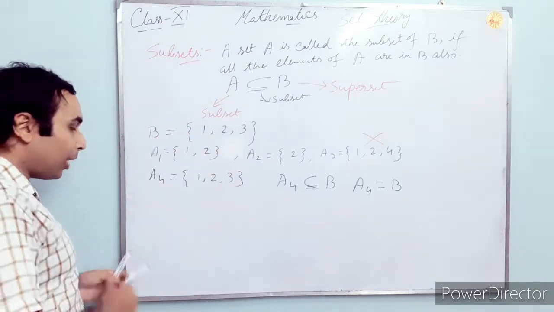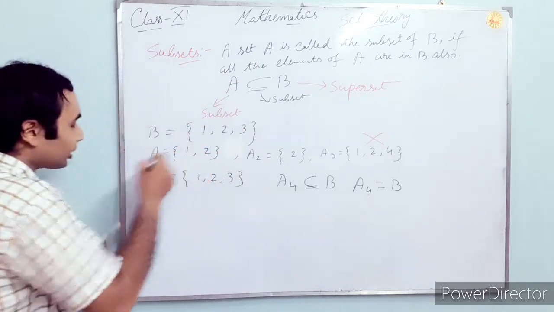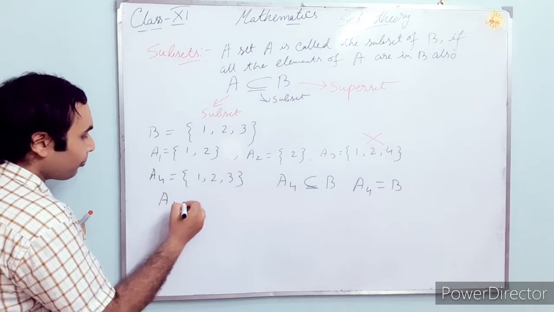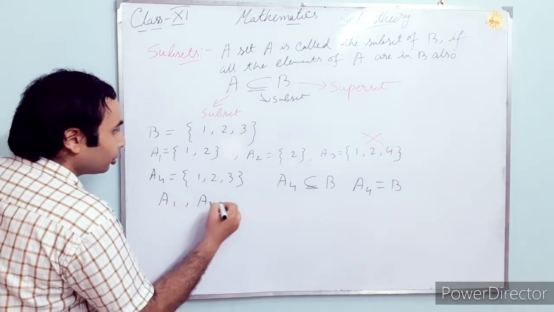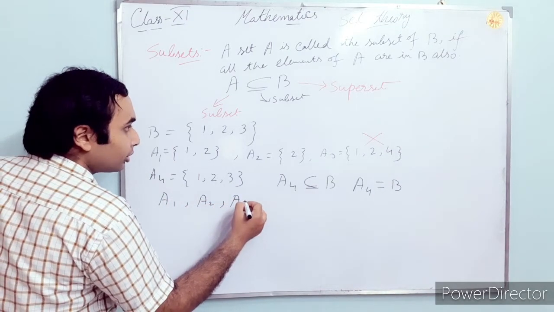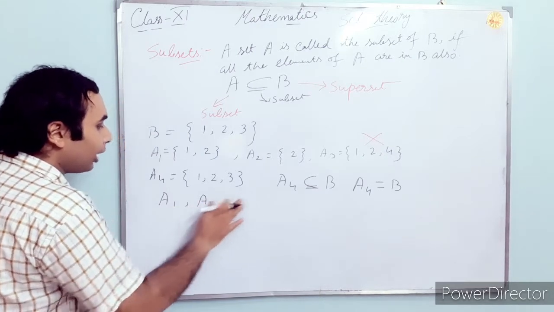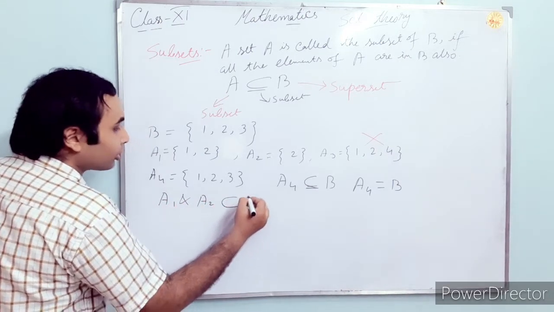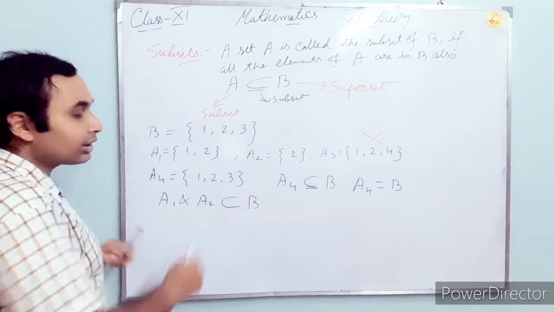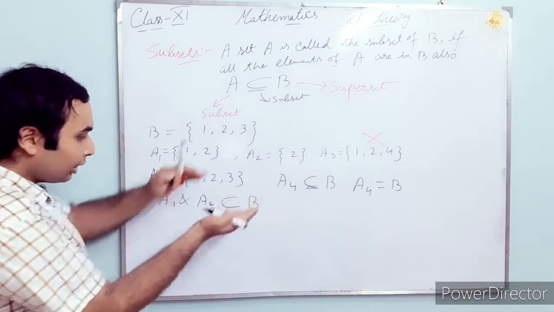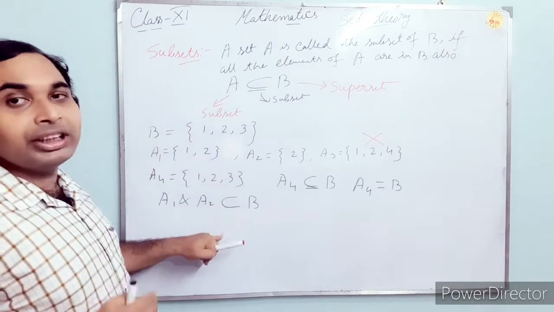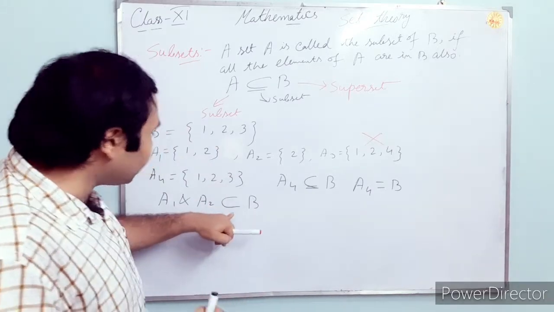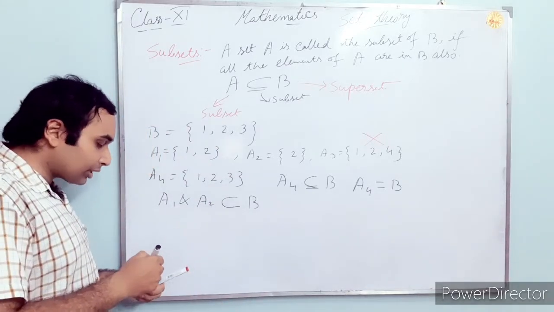What is the proper subset? Proper subsets are those A1 and A2, only A1 and A2 are the proper subsets of B. Only this sign will be there, that is the horizontal U actually. Horizontal U, this is the sign of proper subset.